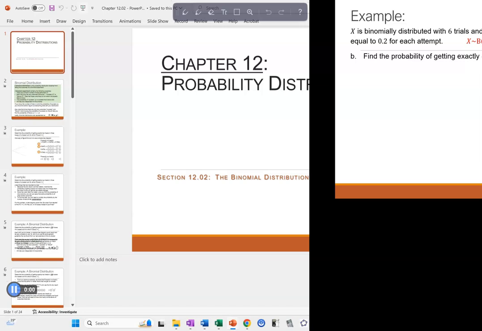So to find the probability of getting exactly 4 successes, that's going to be 6 choose 4 times 0.2 to the 4th times 1 minus 0.2 to the 6 minus 4.